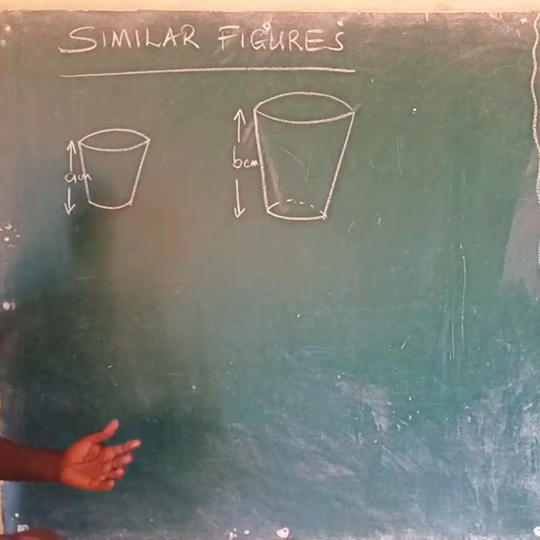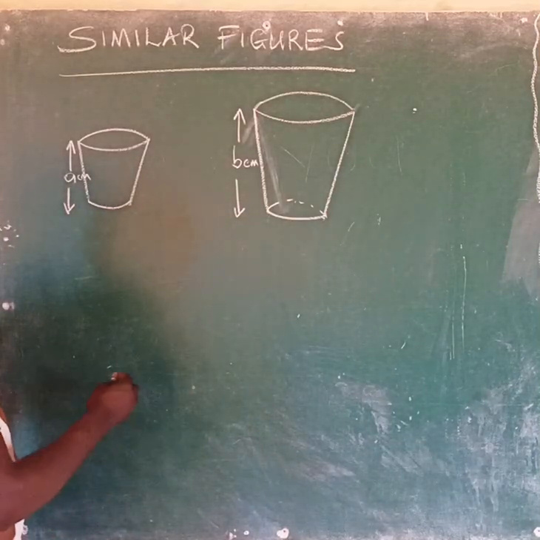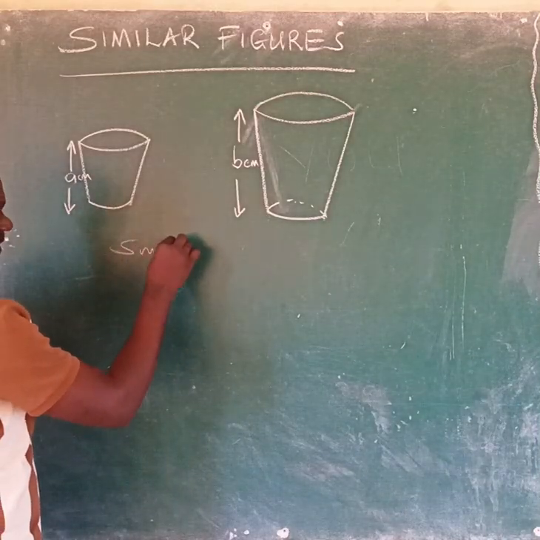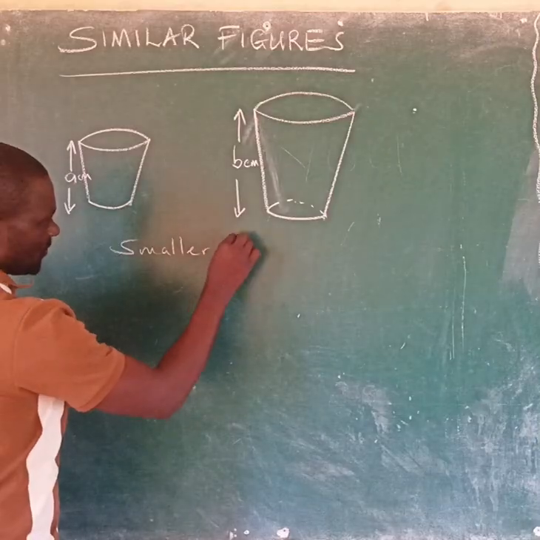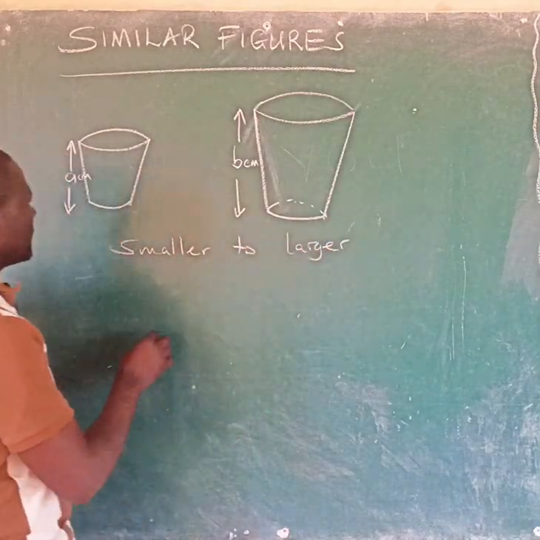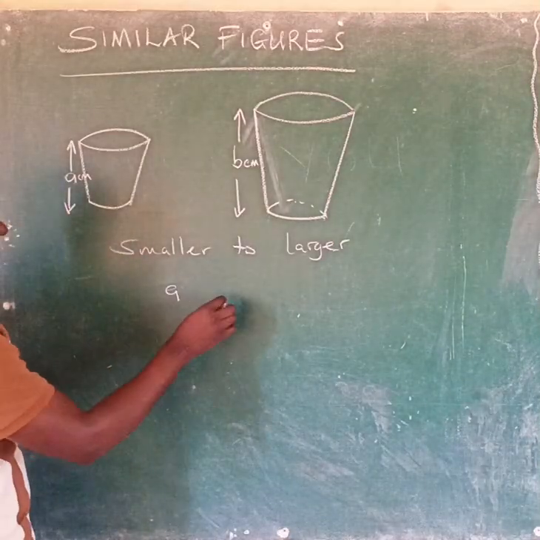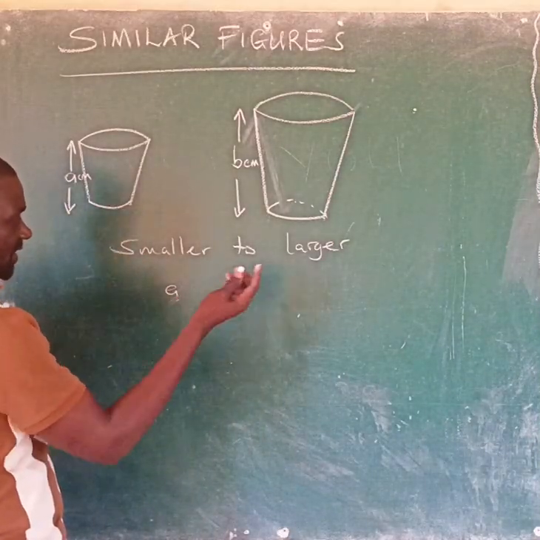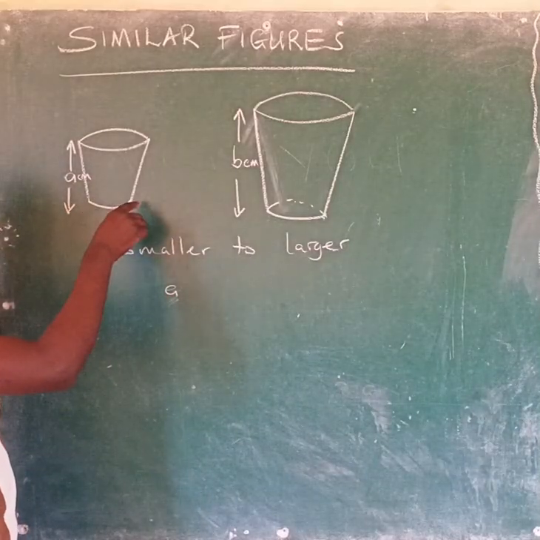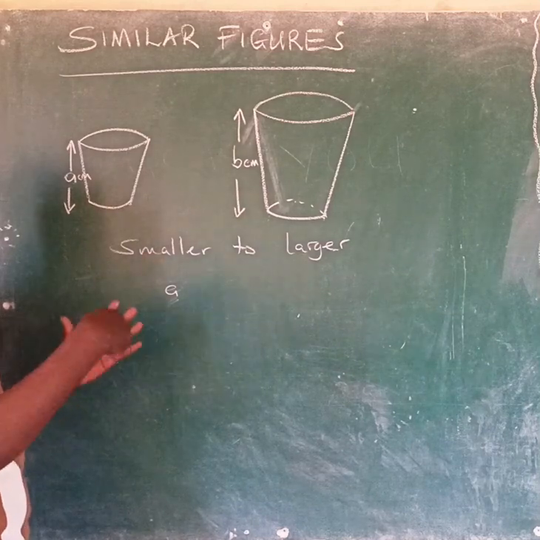So we can do ratios for this. The height of the smaller bucket to that of the larger bucket. So we can say if this one is A and that one has B as height, it could be the radii where you have the radius here and the radius there, you can still use them.